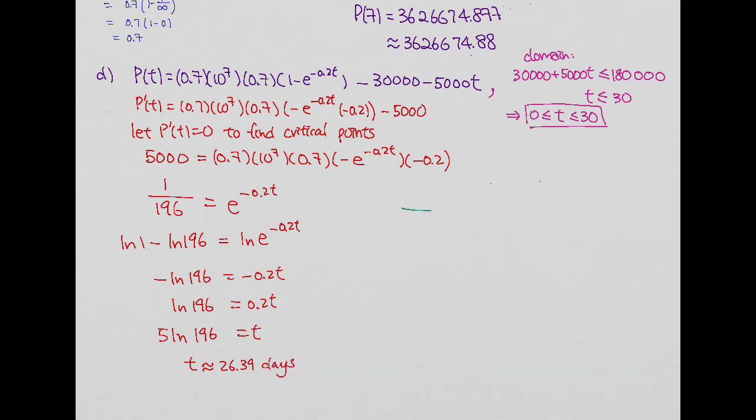Once again, we have to identify the critical points, put them on the number line for P prime, and check the positive and negative intervals within the domain. So this side is positive, that side is negative, so this is a local maximum.